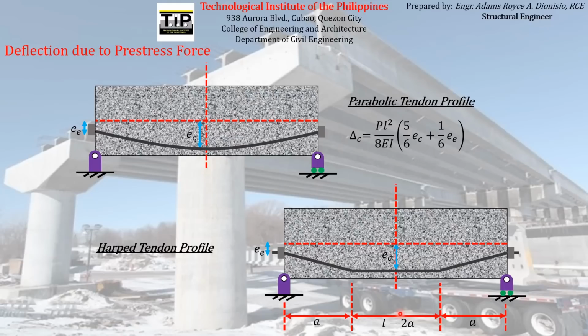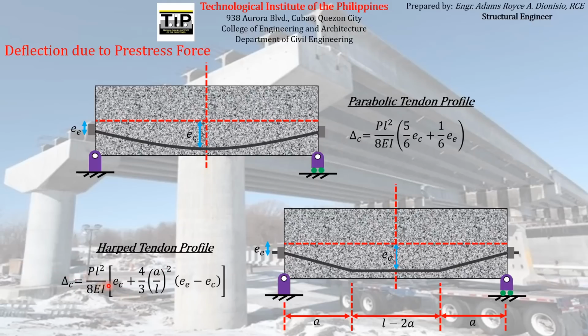So the deflection that will be experienced by the prestressed concrete element for this particular case with a harp tendon profile due to prestress force alone, again, all of the four formulas that I am saying here are just due to prestress force alone. So the maximum deflection that we're talking about here occurs at the midspan or the center of the beam.